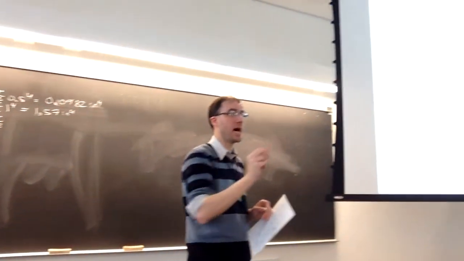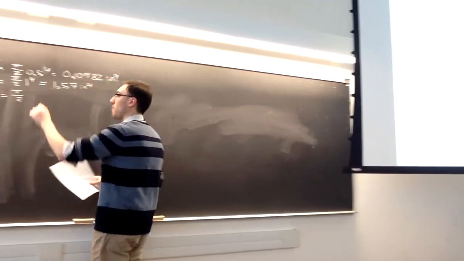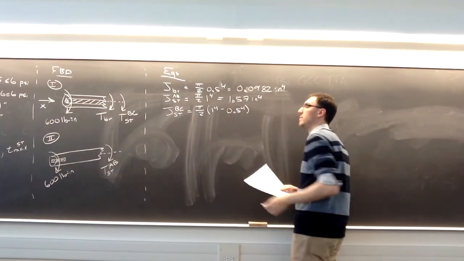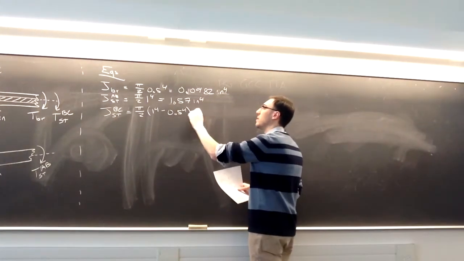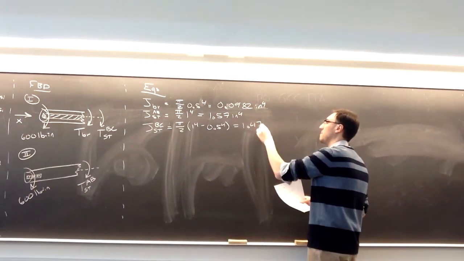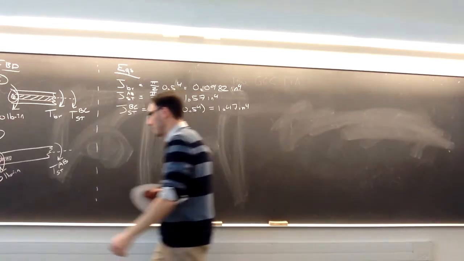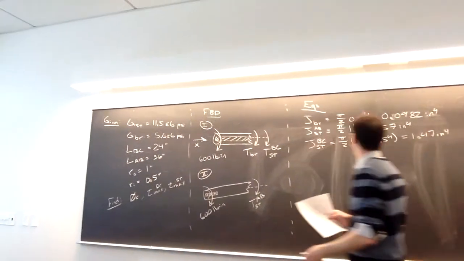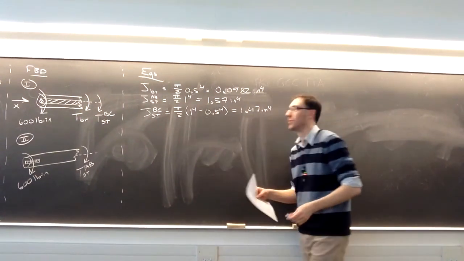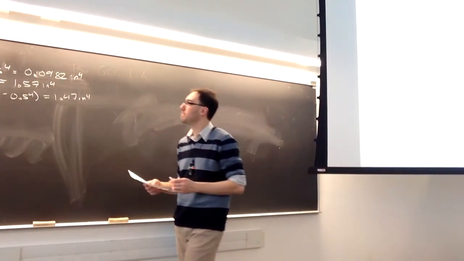Between B and C, it's hollow, or tube-shaped, so we have to use the outside radius to the 4th minus the inside radius to the 4th, times pi over 2. So here you should get 1 to the 4th minus 0.5 to the 4th times pi over 2, 1.47 inches to the 4th power.